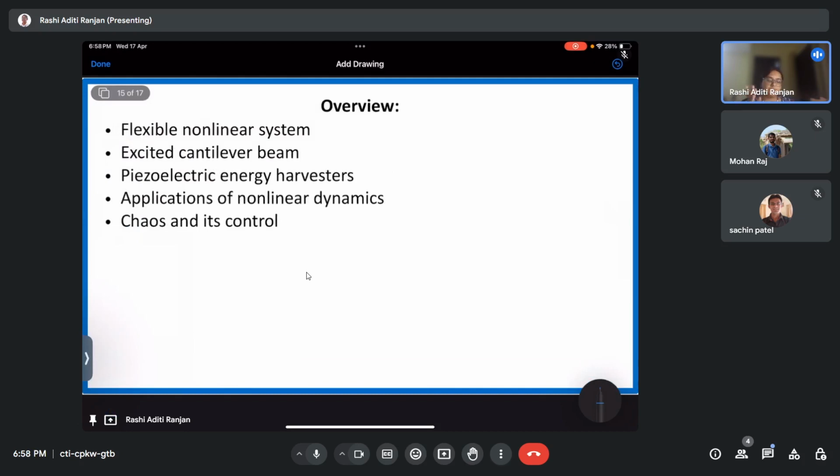Then we discussed the active, sorry, excited cantilever beam and how it could be used as a piezoelectric energy harvester. I gave you the example of a very windy day: you use a cantilever beam, apply a piezoelectric energy harvester on it, and because of the blowing of the wind and the movement, your piezoelectric material, since it shows both the piezoelectric effect and the reverse piezoelectric effect, produces charge when you apply deformation on it.